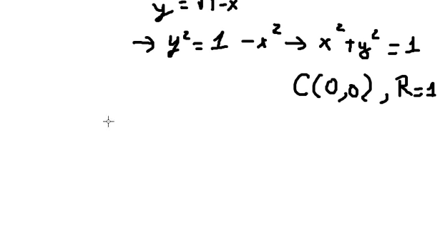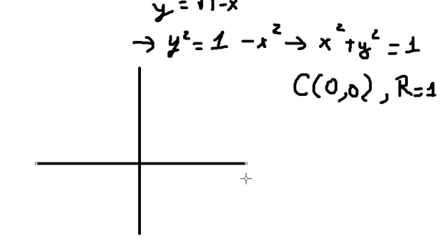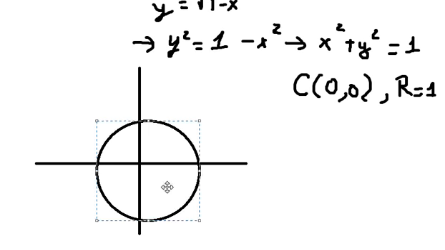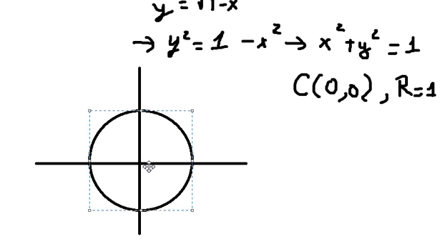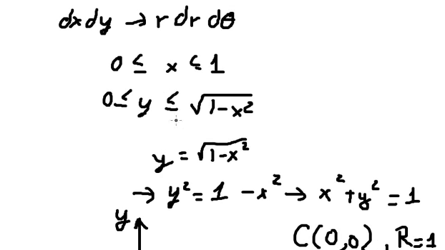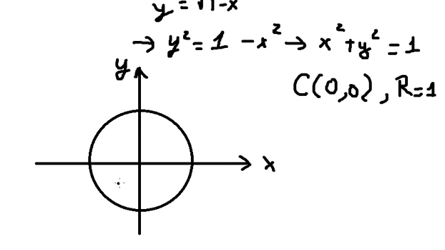So the graph should be like this. Because x is between 0 and 1, that should be in here.